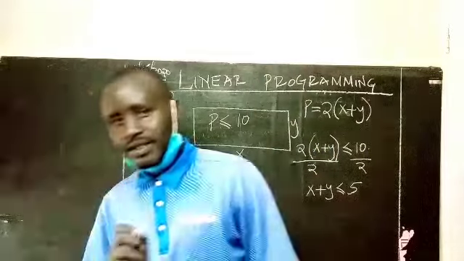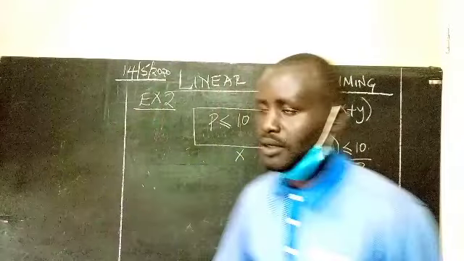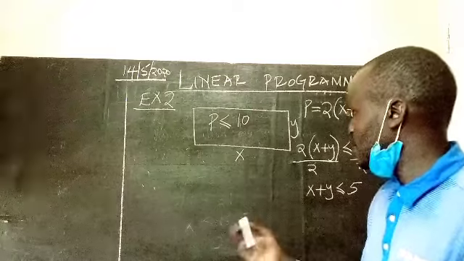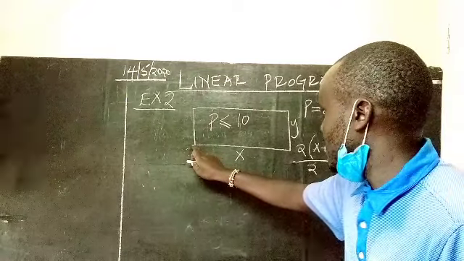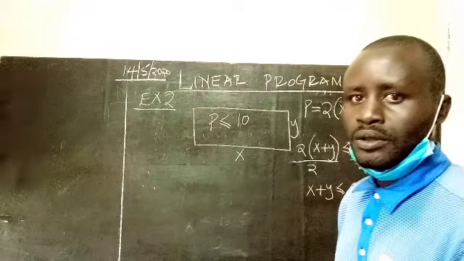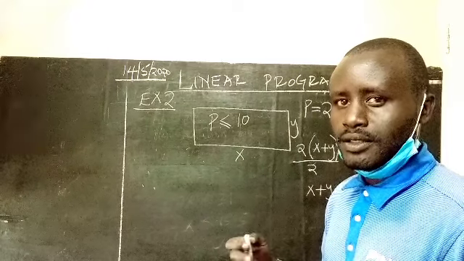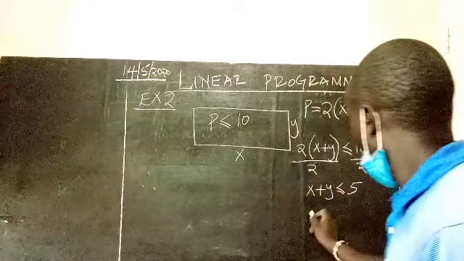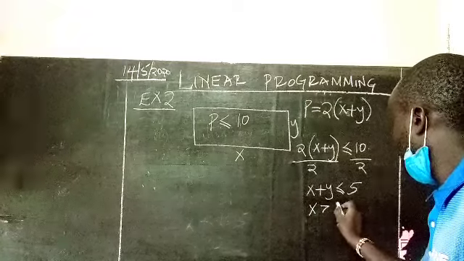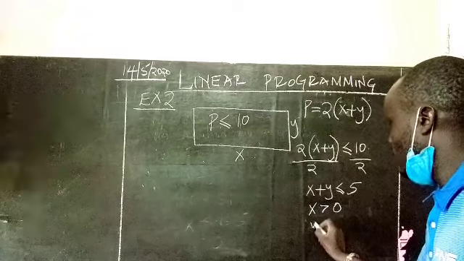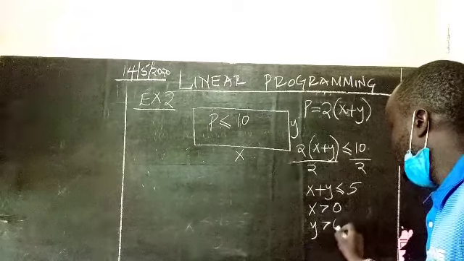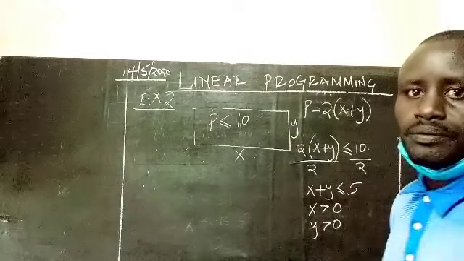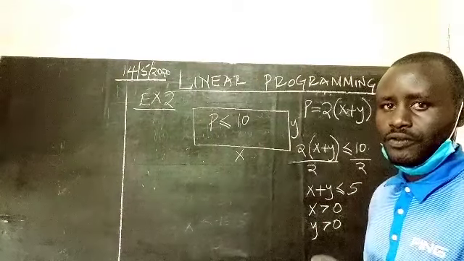The second inequality, and the obvious one, which we must always start with, is that the measurement of the length of this rectangle is always more than 0, meaning we have x is greater than 0, and we have another one, y is greater than 0. So we have 3 inequalities that we have formed.